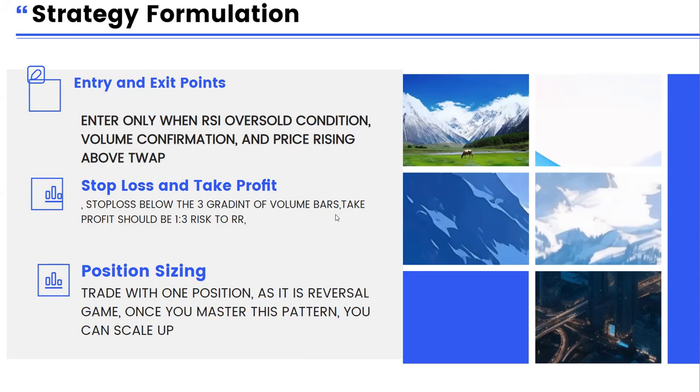I'm mentioning the volume bars, not the candlesticks. Take profit should be 1:3 risk to reward. Coming to position sizing, trade with only one position as it is a reversal game. Once you master this pattern, you can scale up.